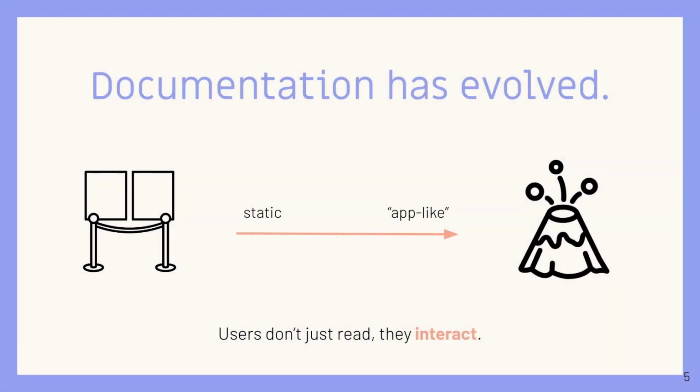People consuming the information that we are writing are no longer just reading it, they're interacting with it. That has become the standard of what they are expecting to find when they are looking for information about your technical product.